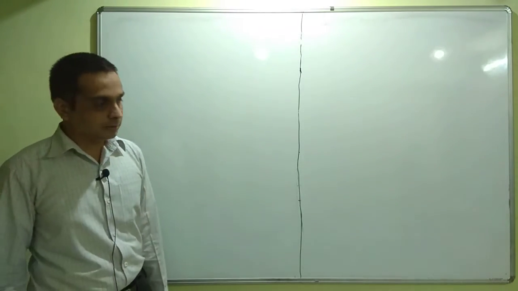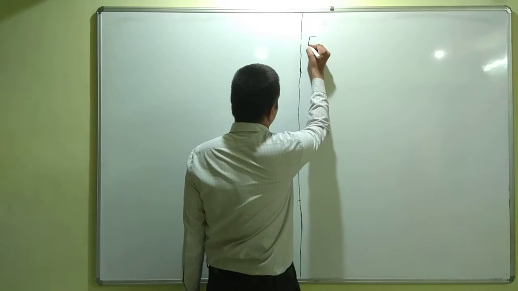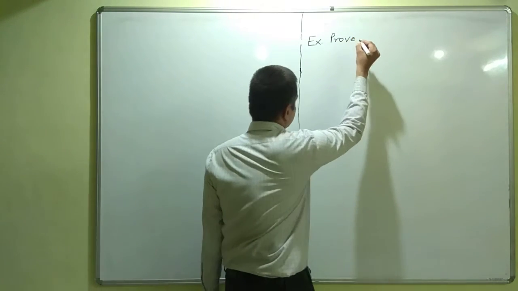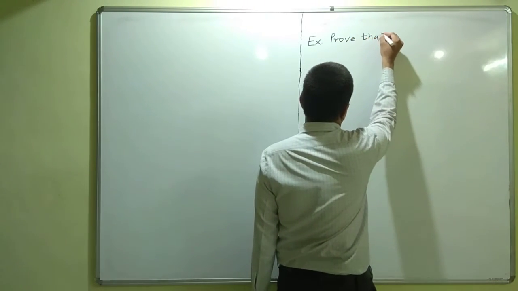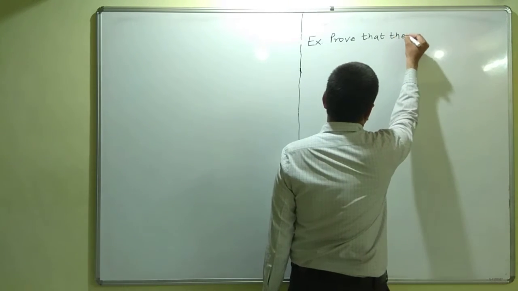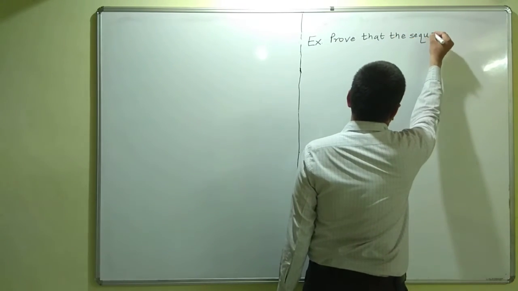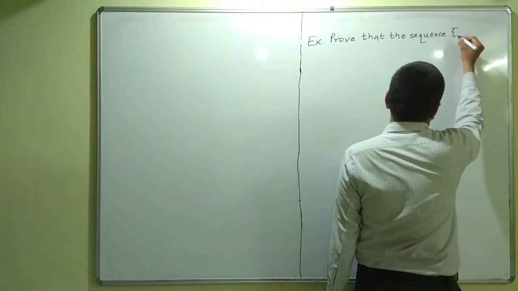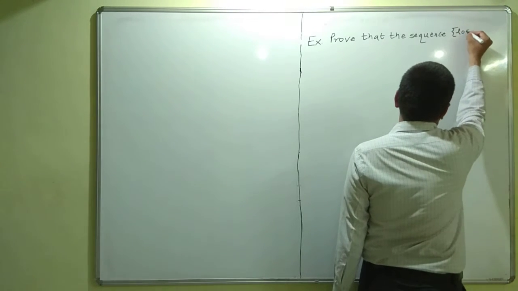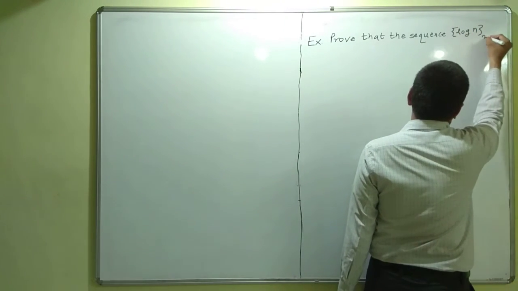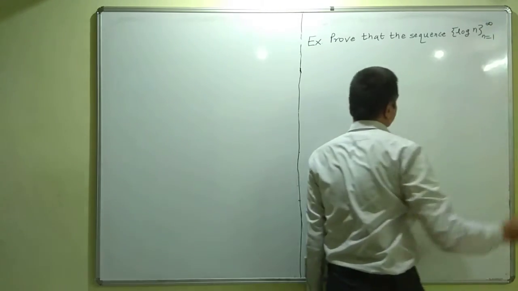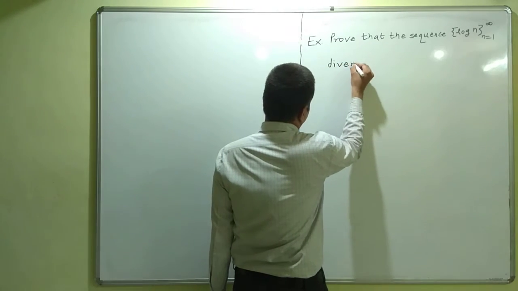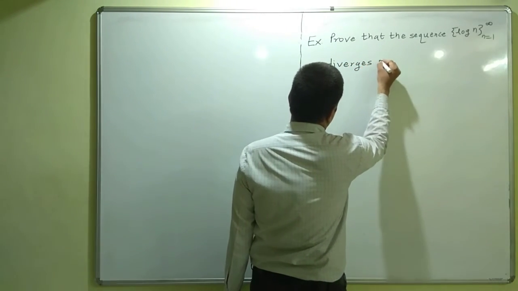The first example is: prove that the sequence log n, n equal to 1 to infinity, diverges to infinity.